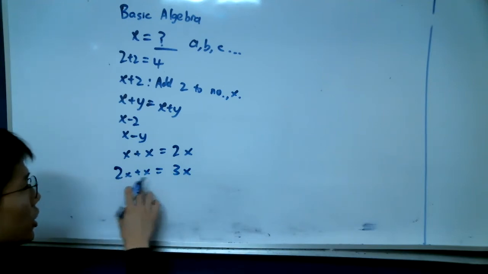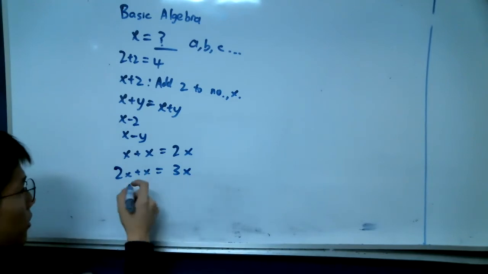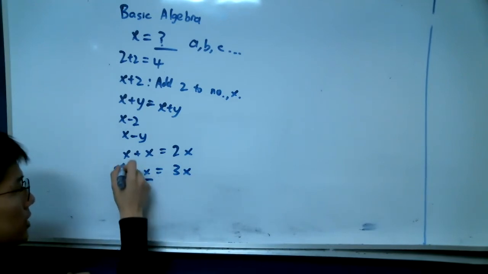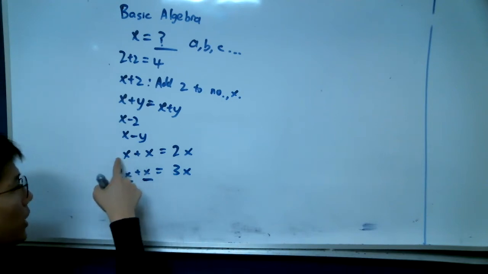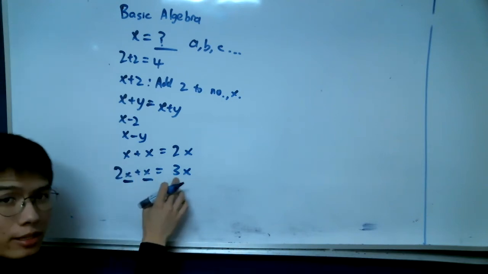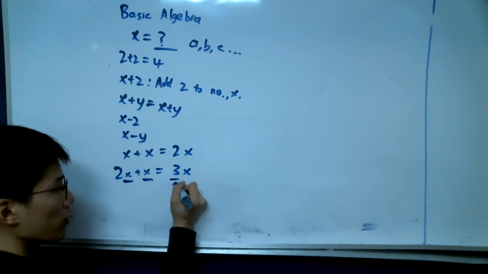So in addition, we can only add numbers together in algebra if the letter is the same. And when we add them together, we just take the number behind and make it into one bigger number, which is called the coefficient.